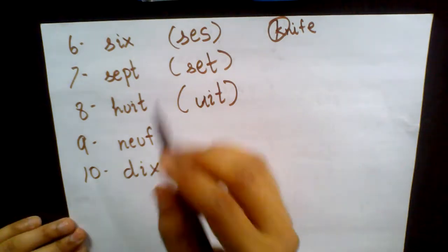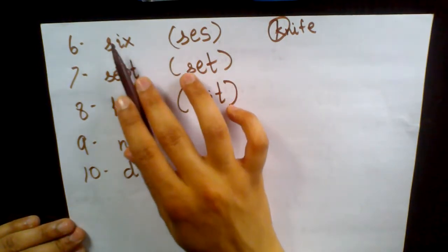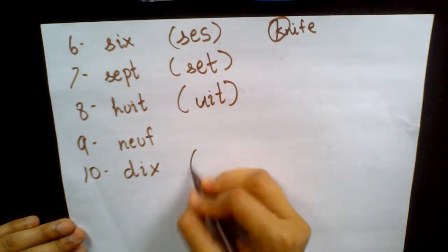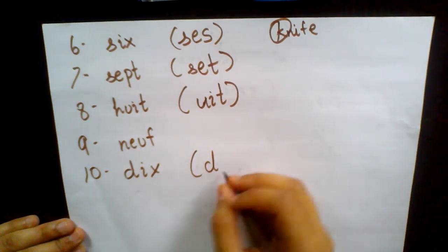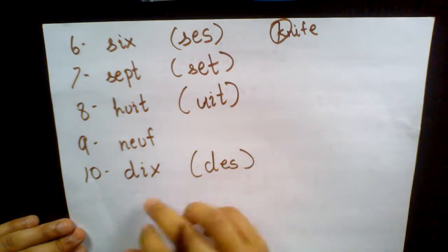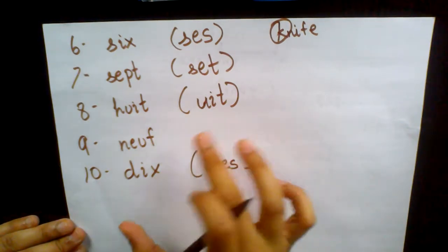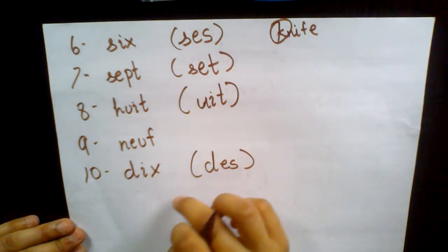So like I mentioned before, in 6, IX becomes ES. In a similar way, IX in DIX in number 10 will become "dees".